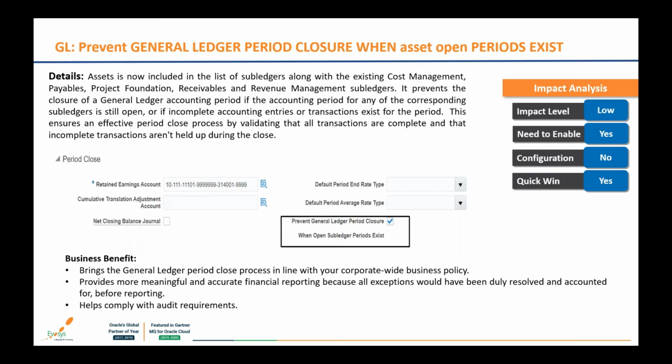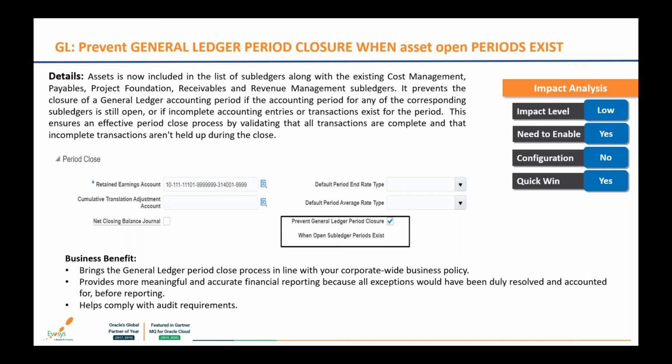But with this feature, the standard functionality and processes mean they will have to start thinking about closing the fixed asset period before they can close the GL period, just to make sure that the financial statements always tally with the fixed assets balances, and there is no mismatch between what we are reporting to third parties and what's available in our system.